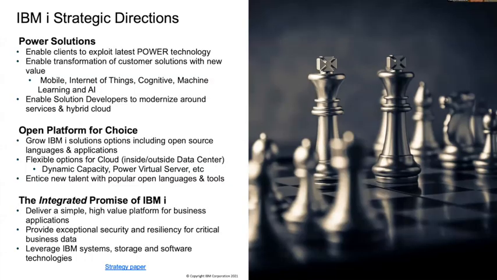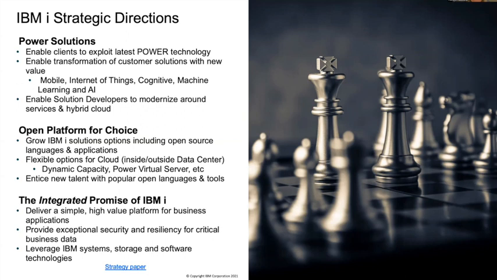Steve, Will, Dan, and I write our IBM i Strategic Directions as a joint exercise. I've talked to the group before, so I know we've covered this, but I did want to highlight a couple of things. We have focused on the same 3 main points probably for the last 10 years, but what changes is underneath those points. The focus for us has always been around Power solutions.